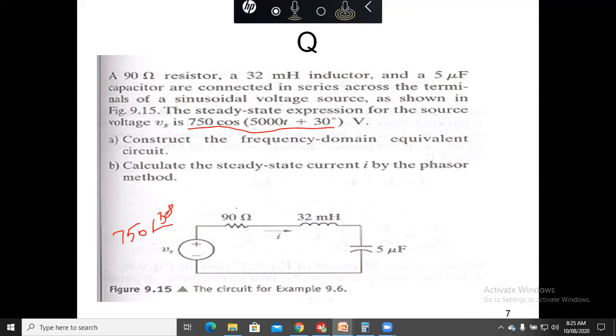For R, R is equal to R in the frequency domain or in the time domain. R remains R, because that is the real part, that has no effect. And what about the representation of XL?